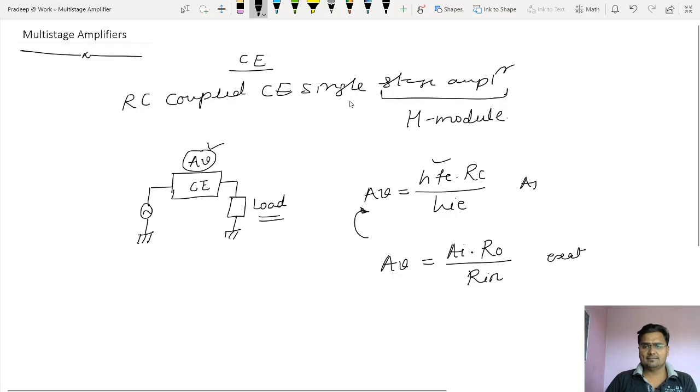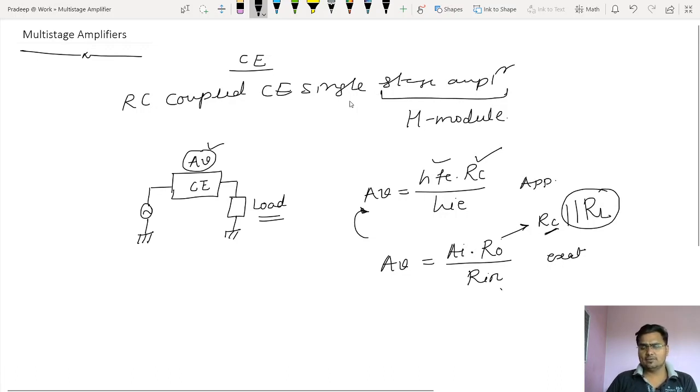Here we have the approximate equation. How do we approximate? AI is nothing but HFE in the approximate H model. Output impedance is RC, the collector resistor, in parallel with the load resistor. If the load resistor is not connected, then RO, the output impedance, is nothing but the collector resistor. So we put RO equals RC in the approximate model.